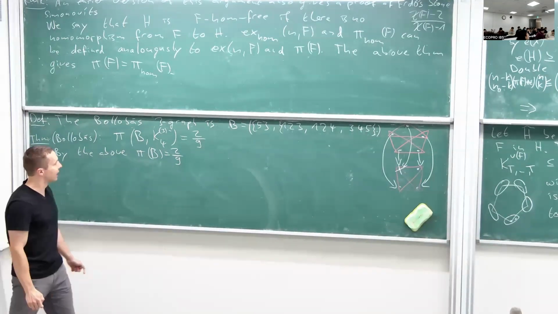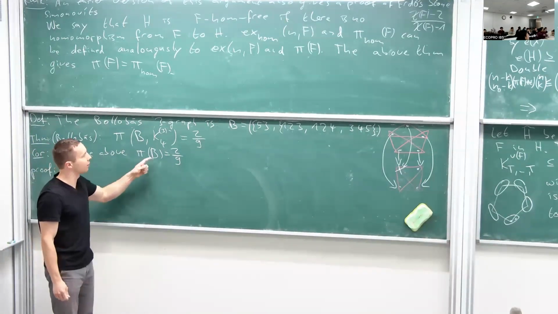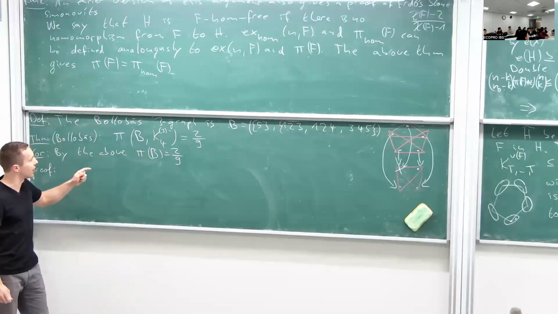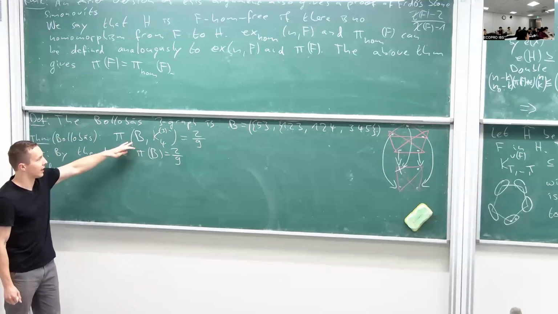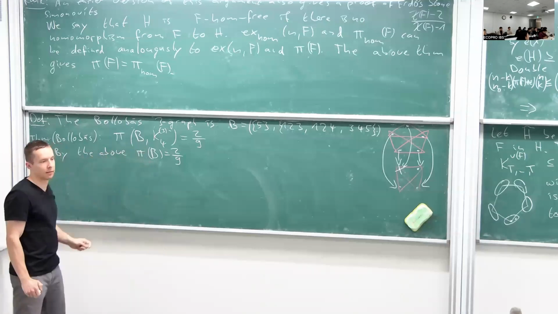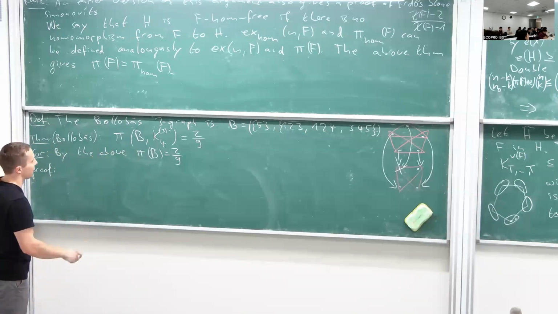And I should also say that, as we will sort of see in the proof, but we will not go through all the calculations, Bollobás actually determined the extremal number here, at least for Lagrangian.